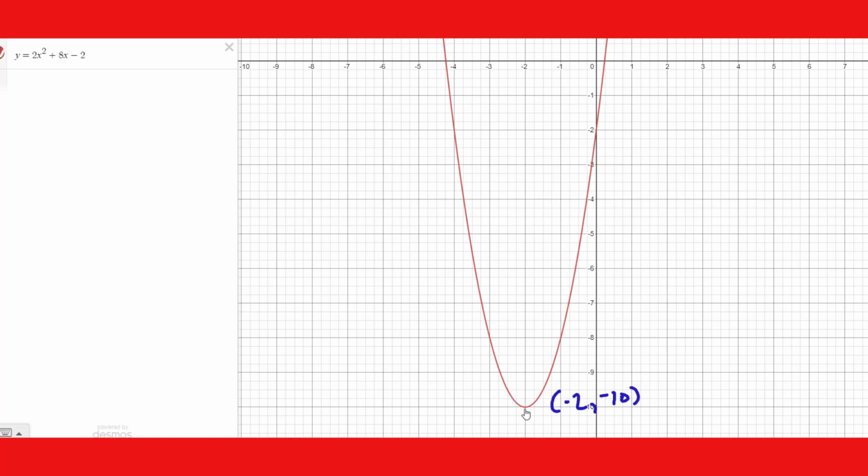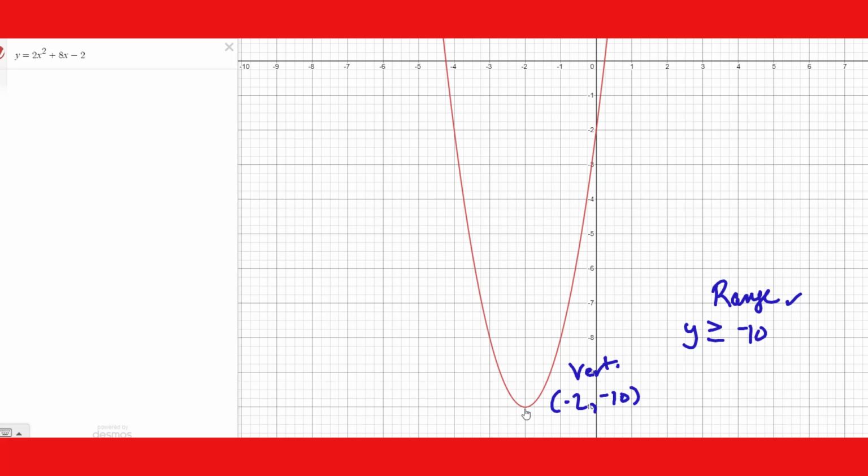That means our range is all y values greater than or equal to -10. So that's our range. The vertex is at -2, -10, and that gives us some information there as well.